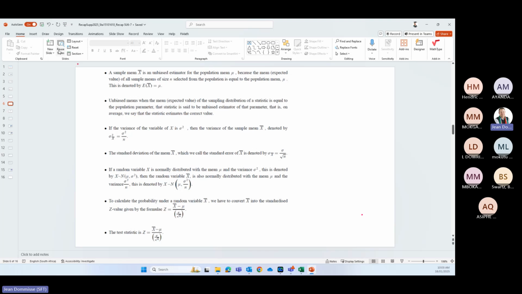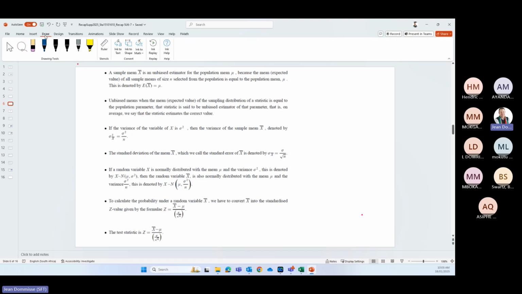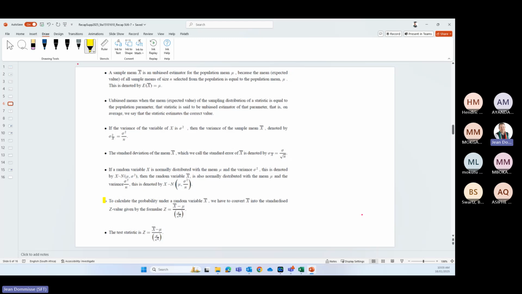What I've done here is go straight into the chapter 7 formula. If we're looking at chapter 6, where we're not looking at sample sizes, the only thing that will disappear is the n. So that for me is the one thing that's important that we need to know.